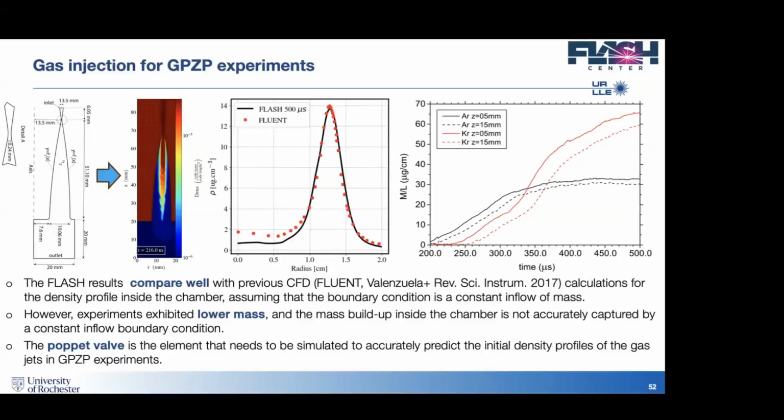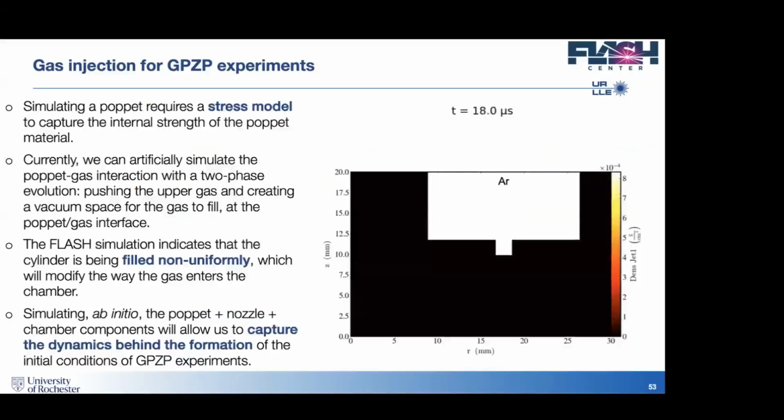What we did find, though, is that the creation of these gas puffs is not as trivial as one might imagine. There is actually a lot of physics going on further back in the nozzle. One actually needs to capture in exquisite detail the rate with which the nozzle is being filled.